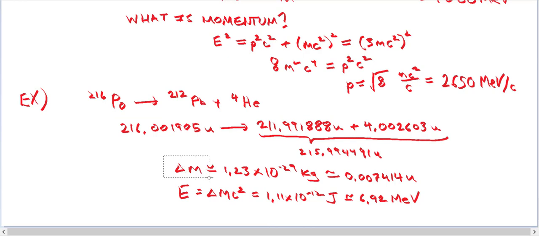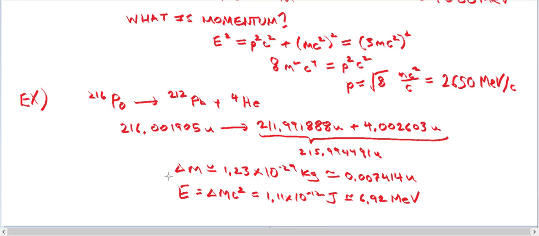I don't really like calling this delta M, but it's the symbol that your book uses, and it's a very common symbol. It's often referred to as a mass defect, and it's equivalent to 0.007414 atomic mass units, which you could multiply by the equivalent in kilograms to find that the mass defect is 1.23 times 10 to the minus 29 kilograms.